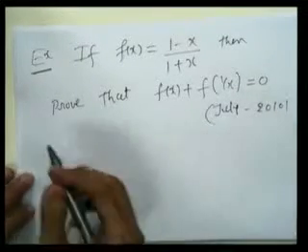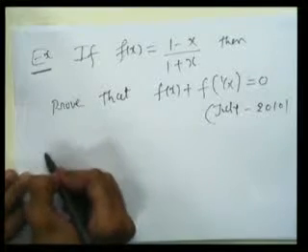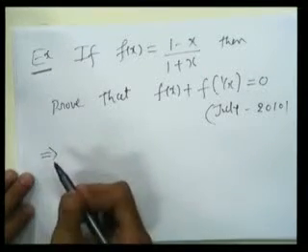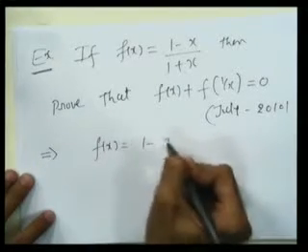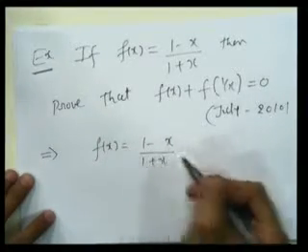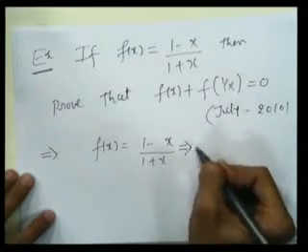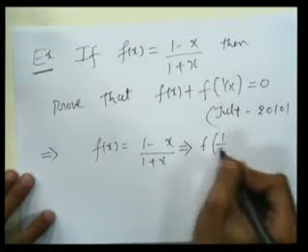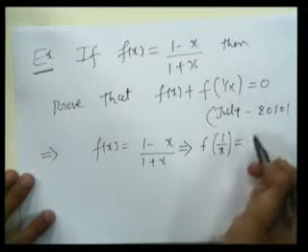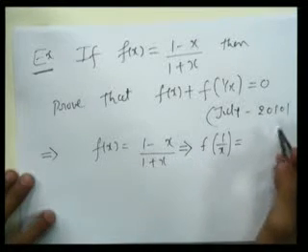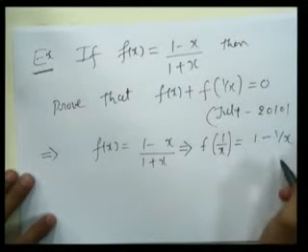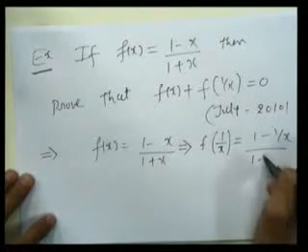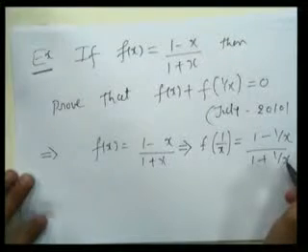So this kind of example is very easy to prove, because here we have given f of x is equal to 1 minus x upon 1 plus x. So here if we want to find f of 1 upon x, then we will put 1 upon x instead of x. So we will get 1 minus 1 upon x upon 1 plus 1 upon x.